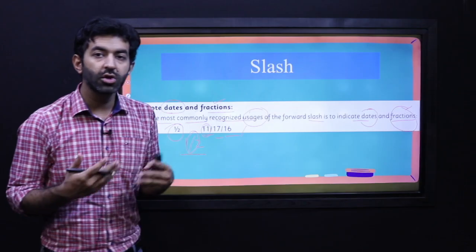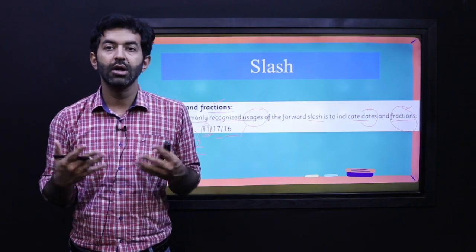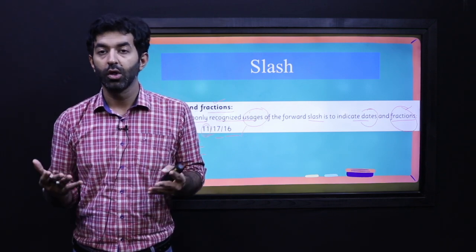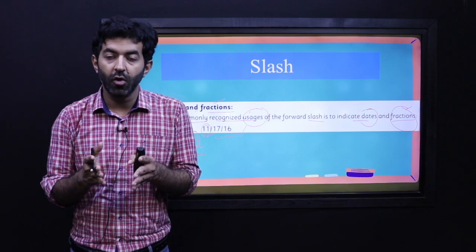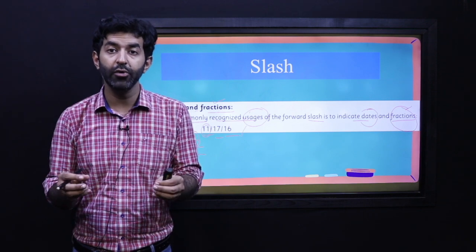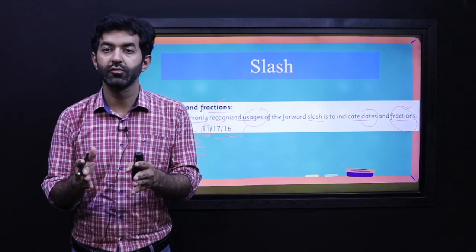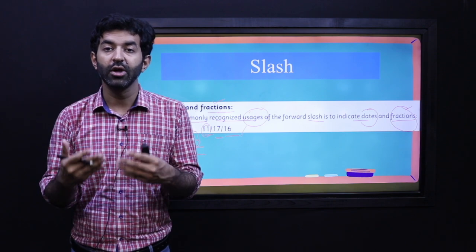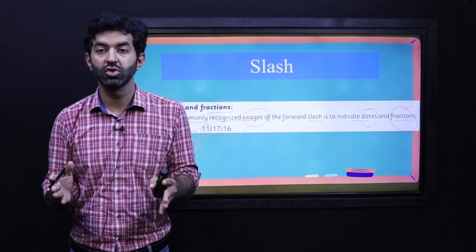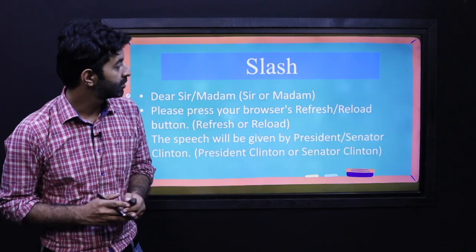And we can also use it to show different numbers, show fractions, and all those things. So we can use it for showing choice, we can use it for separating lines, for line breaks, and we can also use slashes for showing fractions and dates. So these are all the multiple usages of slash.